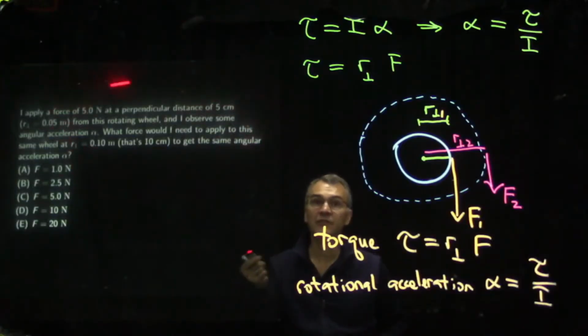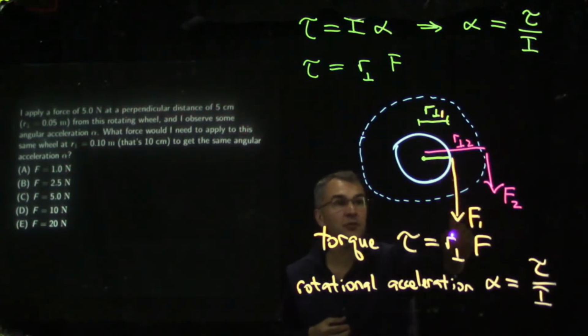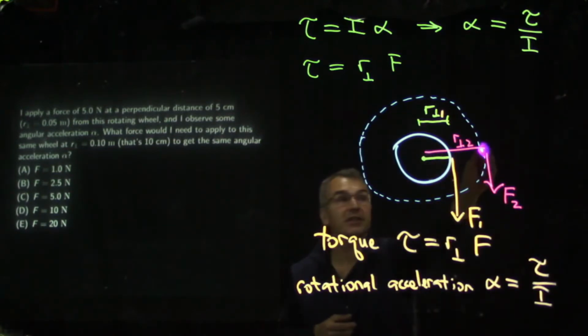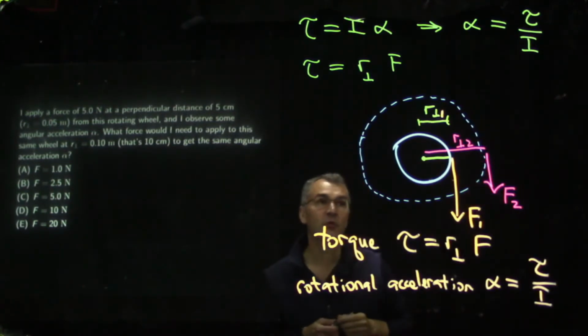Since we haven't changed the rotational inertia, to get the same angular acceleration we would have to apply the same torque. I applied a force F1, which was 5 newtons, at a perpendicular distance perp1 of 5 centimeters from the center of the wheel. If I want the same torque at a distance of 10 centimeters instead of 5, I've doubled the lever arm, so I want to cut the force in half.